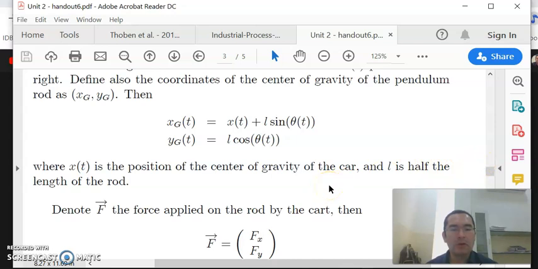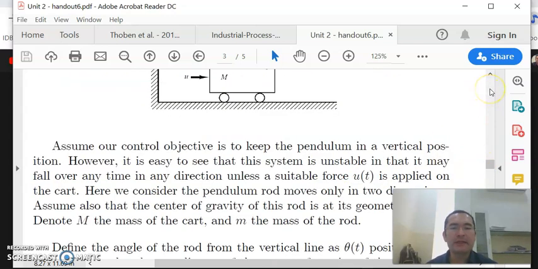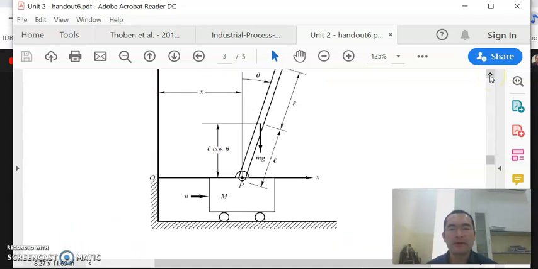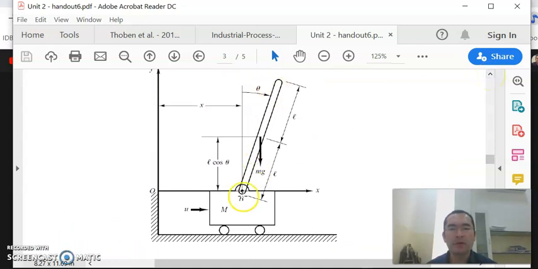So let's try to understand what the forces are that are acting on the rod and on this cart. First, as I told you, this U here is the force that is being applied on this mass.